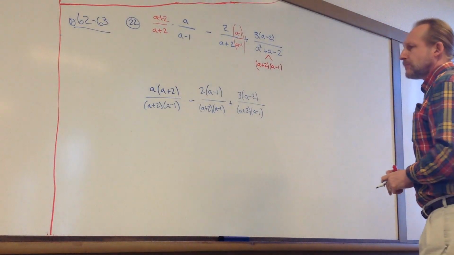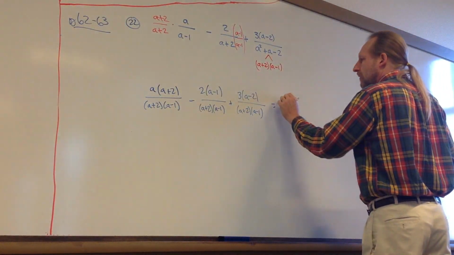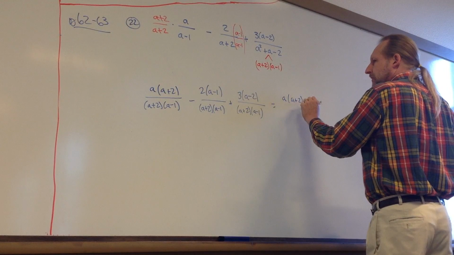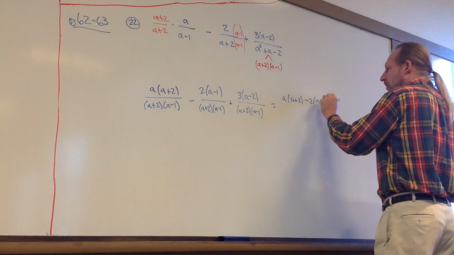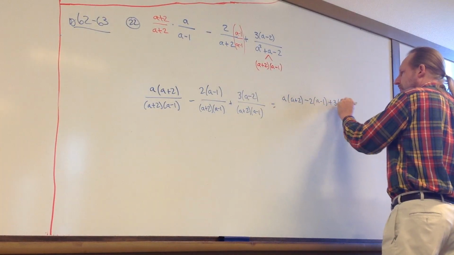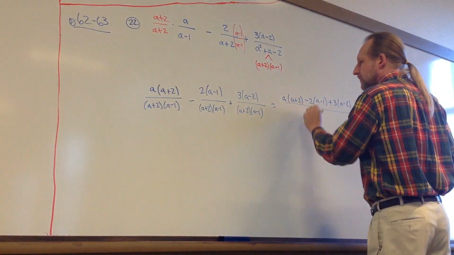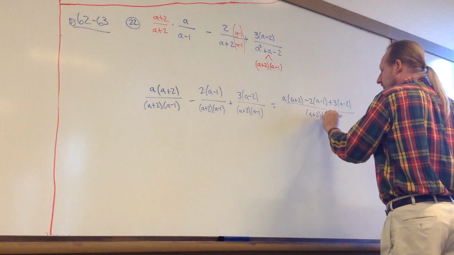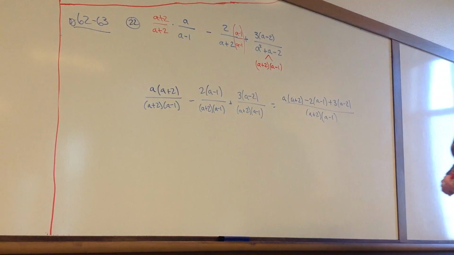So, let's rewrite this as just a single fraction, and then plus 3 times a minus 2. And then we've got just a single denominator there.